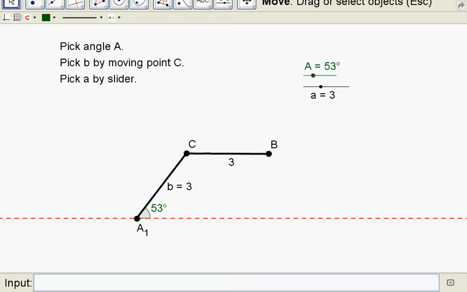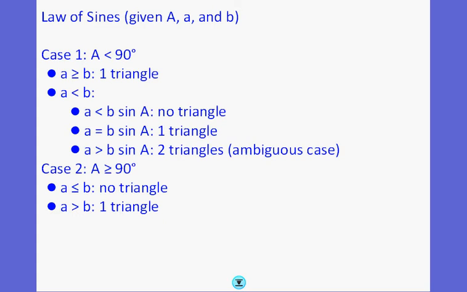So let's look and see how many triangles we can create. As I swing it down, and again, it has to touch this dotted line so I maintain my 53-degree angle, I get 1 triangle right here. And if I keep moving it, when it touches the line again, I've just got a straight line. That's not a triangle, but this is. And so if the angle is acute and A is longer than B, I have 1 triangle.